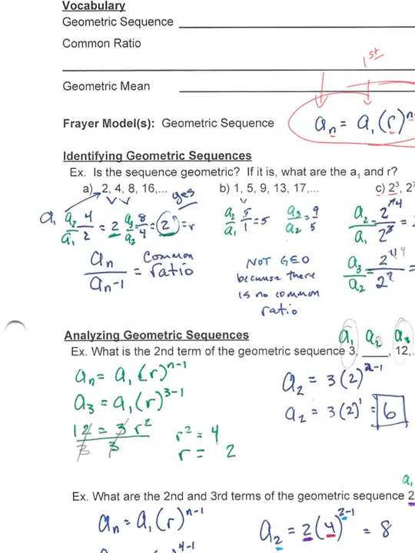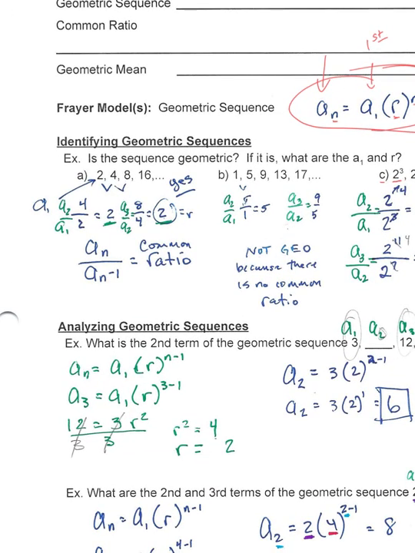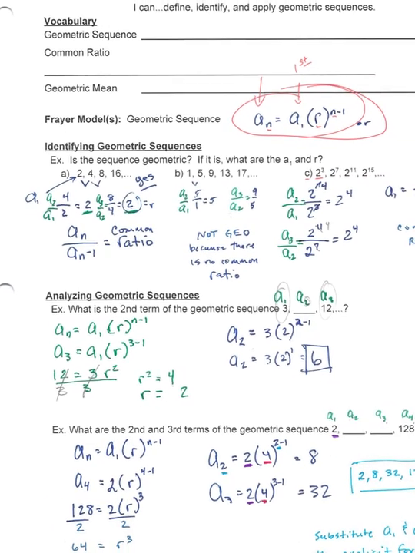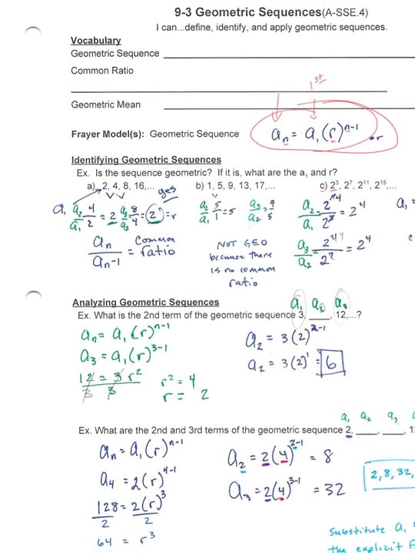So as we look at identifying a geometric sequence, we want to find out if it has a common ratio. We have looked in the past at how to find a common difference, but to find a common ratio, we're going to take some term and divide it by the term before it. So in this example, is the sequence geometric?